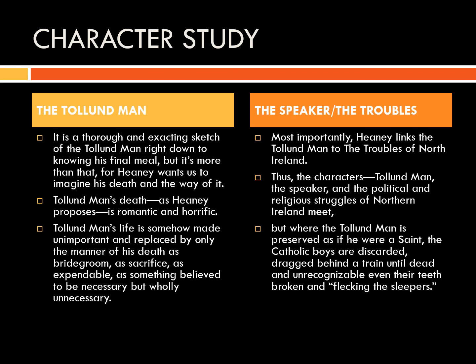So it's really interesting to me that the Tollund Man has this preservation with his sacrifice, but the loss of the Catholic and the Protestant people in this long struggle between them in Northern Ireland, they seem unpreserved in some way.